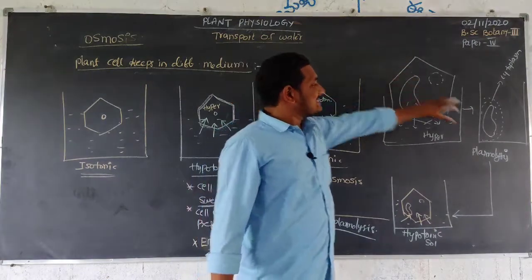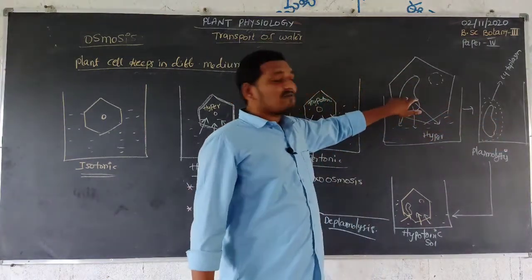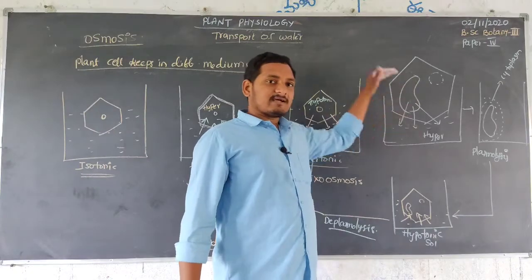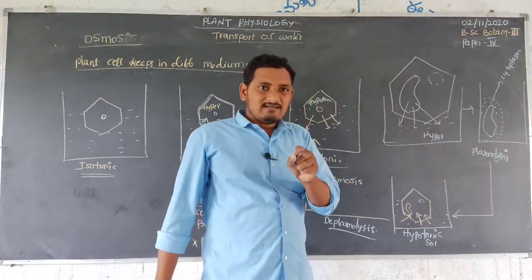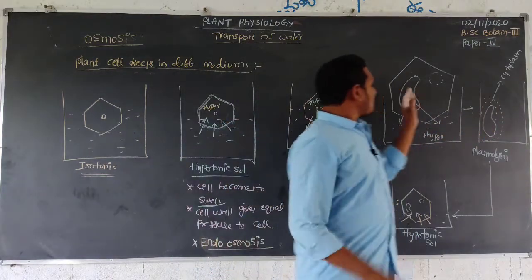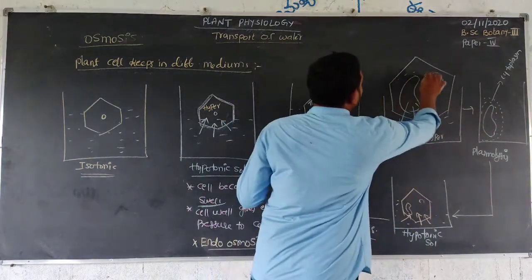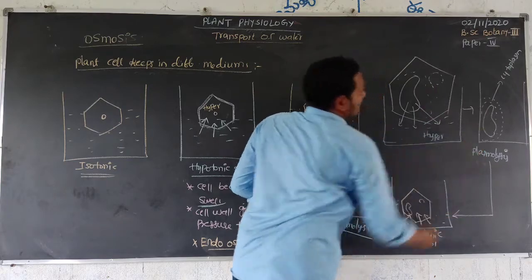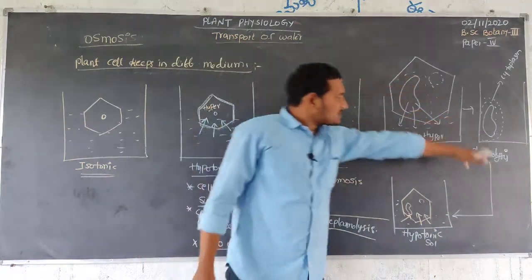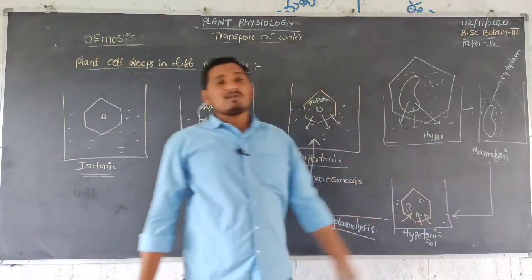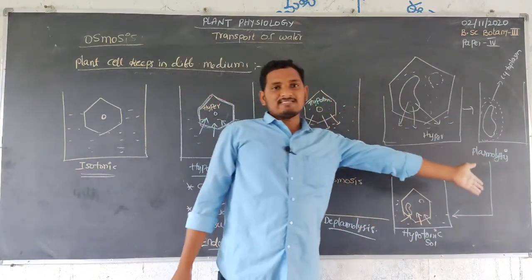The vacuole size is reduced because the water content of the vacuole moves to the medium, and the vacuole shrinks. Then the total protoplasmic content moves to one corner. That cell is a plasmolyzed cell.